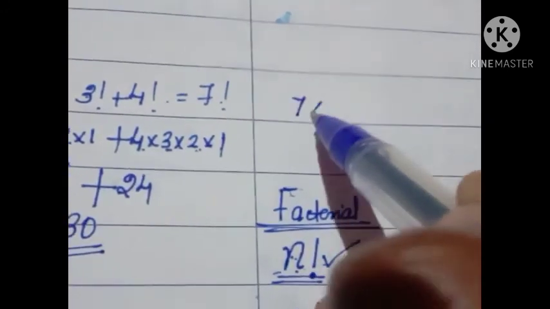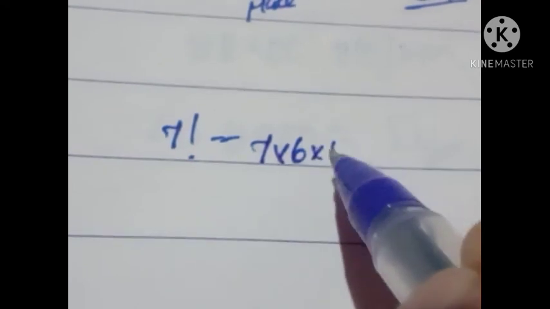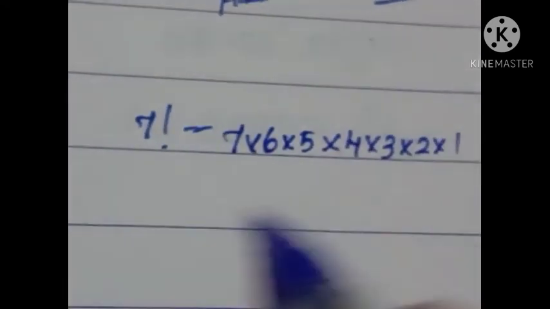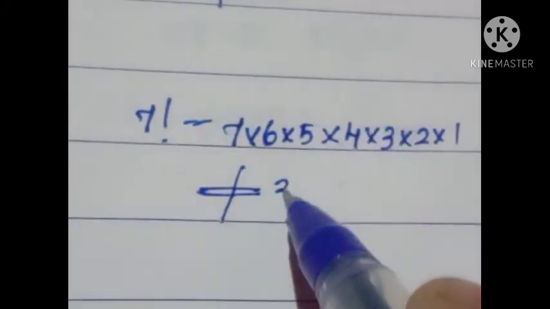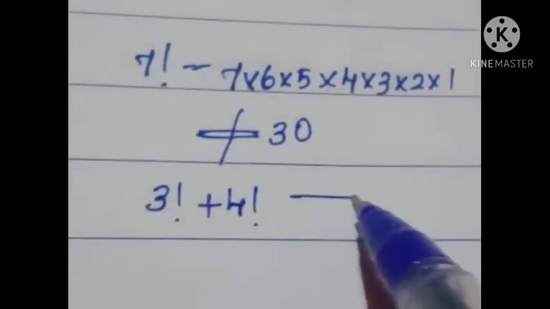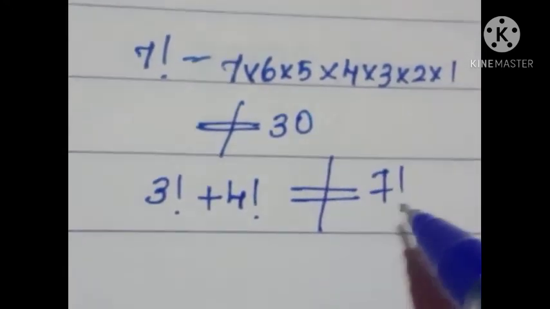Is it 7 factorial? 7 factorial is 7 into 6 into 5 into 4 into 3 into 2 into 1. It is never equal to 30. So 3 factorial plus 4 factorial is not equal to 7 factorial.